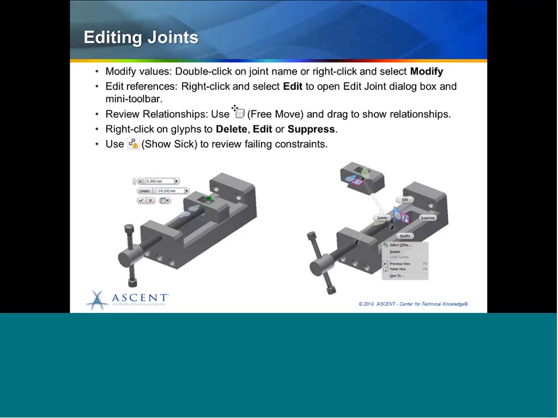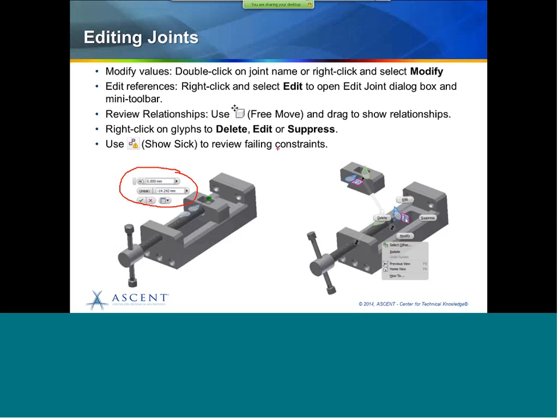So that gap value that you assign to maybe offset a couple of the connection references, you can double-click on the joint name or right-click and hit Modify, and then that value comes up within a little mini toolbar that is available. And here, I'll just circle this for you. So this is basically the Modify tool. So it's not bringing you directly into the dialog box for the joint, but you can enter a new connection, or sorry, a new gap value there.